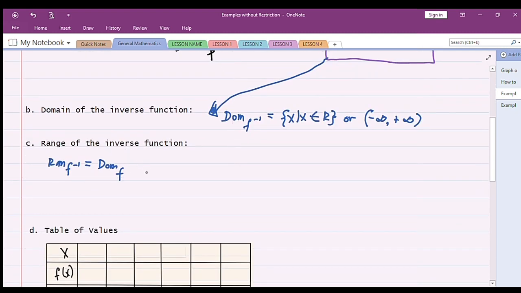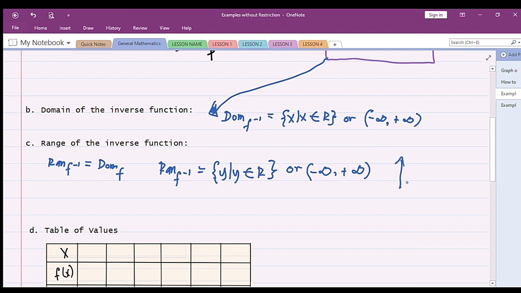Meaning to say, the range of the inverse of a function is the set of all possible values of y such that y is an element of the real numbers, because we have no restriction on the denominator, or no restriction that we are getting. Or we can say that this is the set of all possible values of y, from negative infinity to positive infinity.